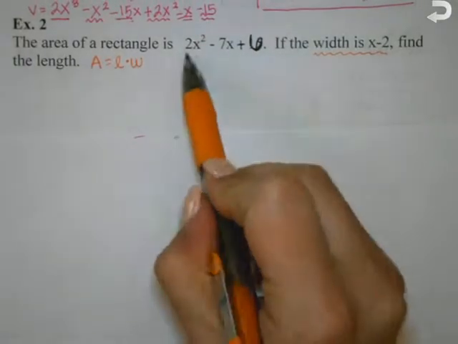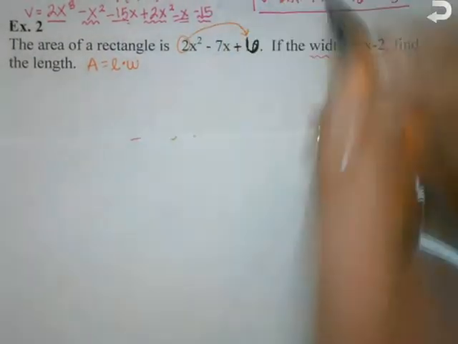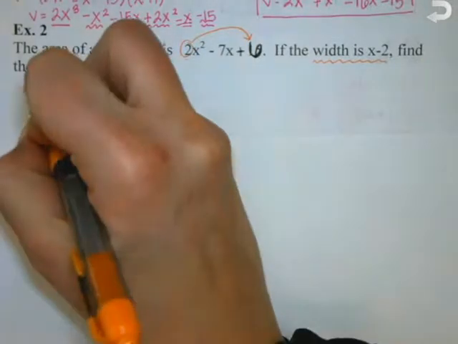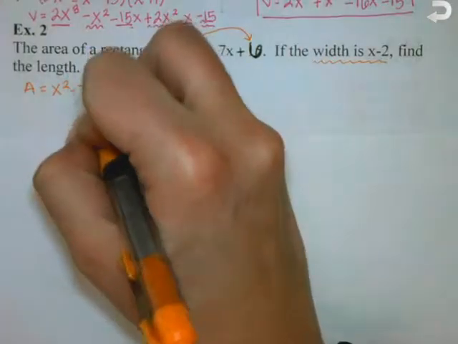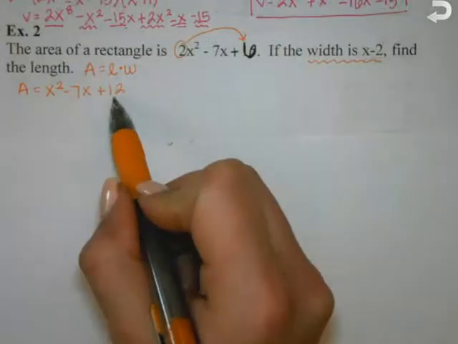What factoring method would you use here? Bottoms up. So multiply by 2. We know that that's your area, so that's going to be x squared minus 7x plus 12. And then what two numbers multiply to positive 12 and add up to negative 7?